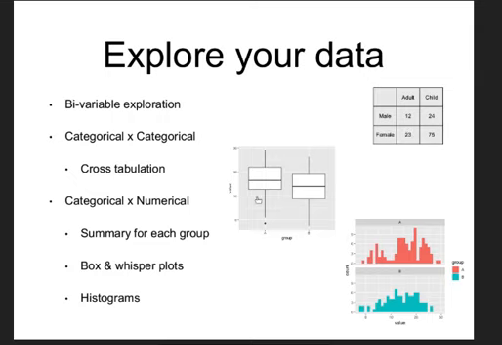With numerical variables plotted against categories, we can do things like box and whisker plots. So here we can see there are 2 groups, and for some value we measured, the median's higher for group A than group B, and we can get an idea of the spread. Or if we want more resolution and detail, we can do histograms.